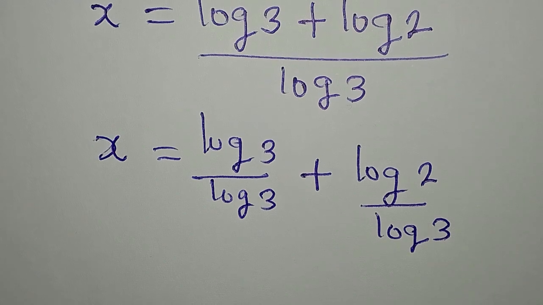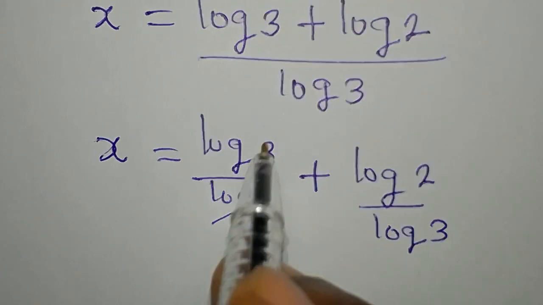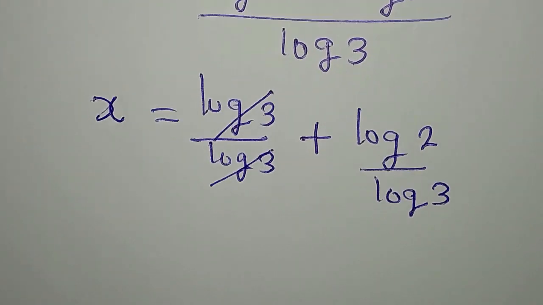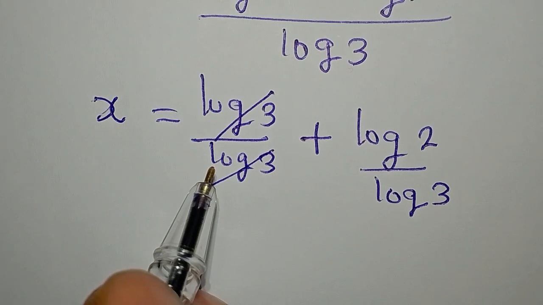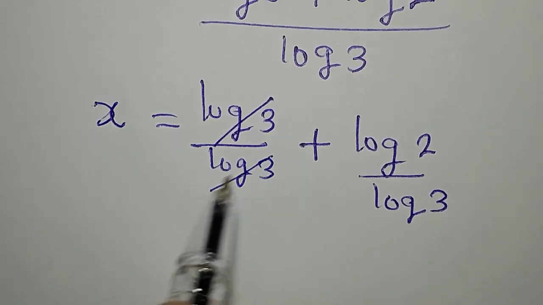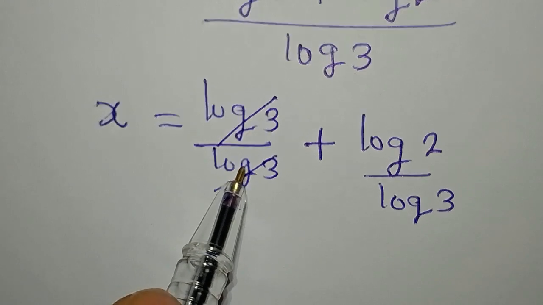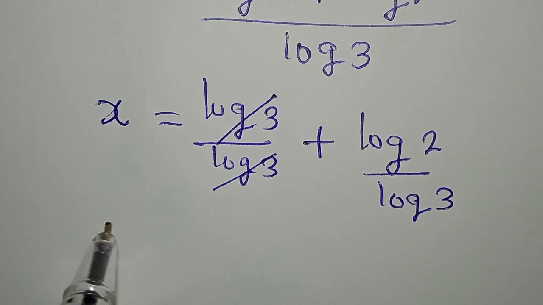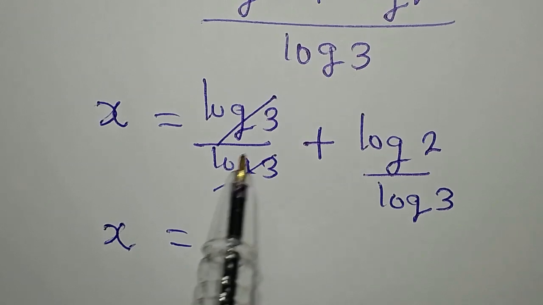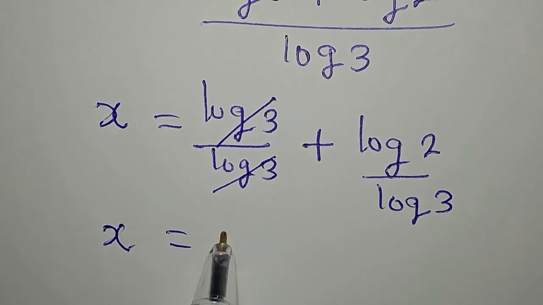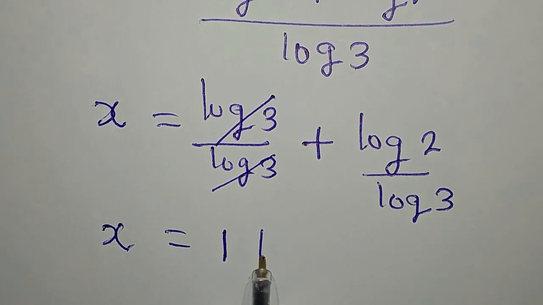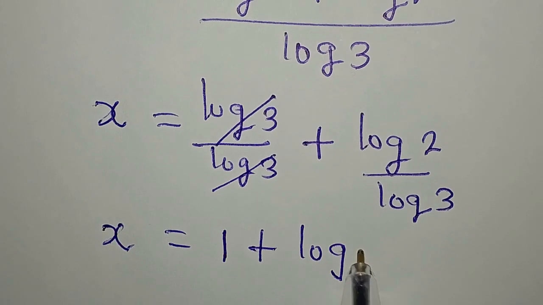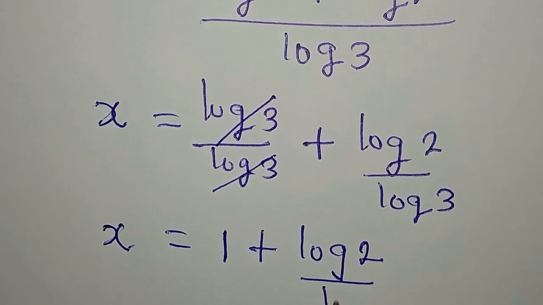Now this is going to cancel this, but then some students will make this mistake. Once they cancel out, they will not write anything there again, but that is wrong. Canceling here means log 3 divided by log 3, and that will give 1. So we have 1 plus log 2 over log 3.